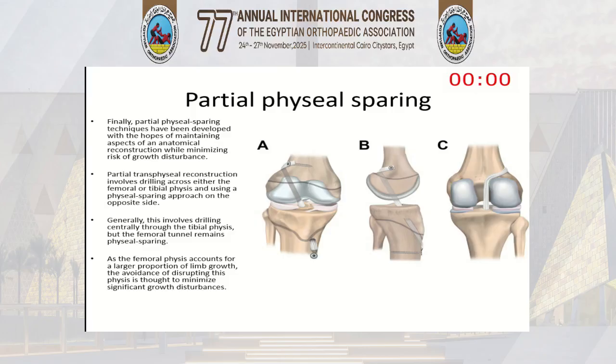So we use a transphyseal on one side and a physeal sparing on the other side. Generally, this involves drilling centrally through the tibial physis, but the femoral tunnel remains physeal sparing, as the femoral physis accounts for the larger proportion of limb growth. Avoiding disrupting it is thought to minimize significant growth disturbance.